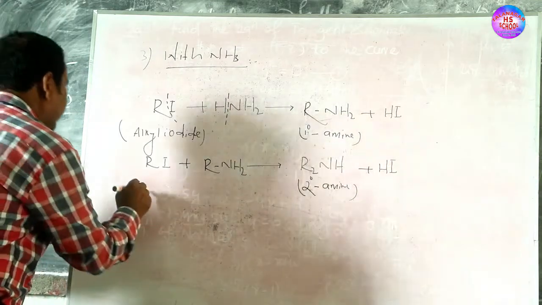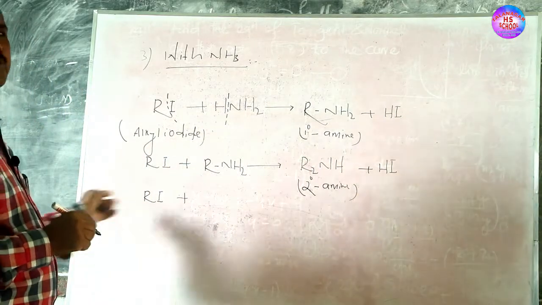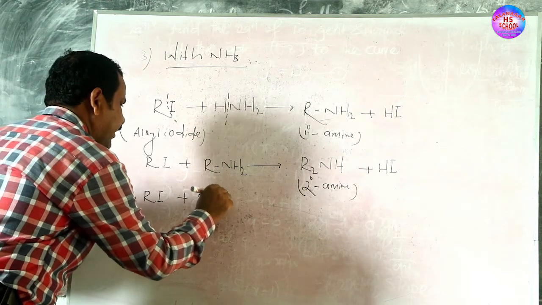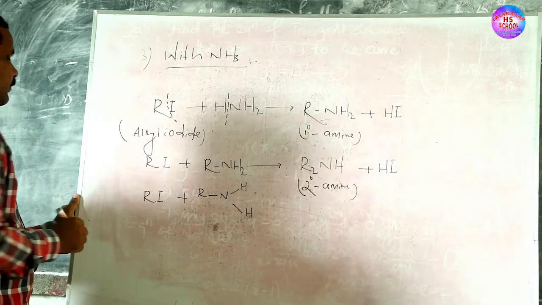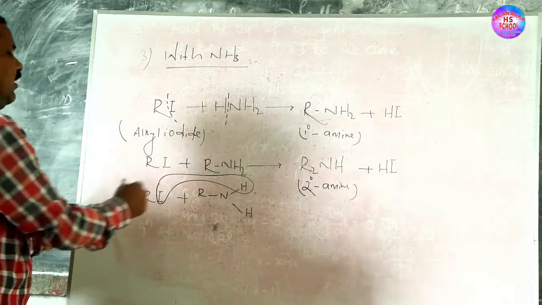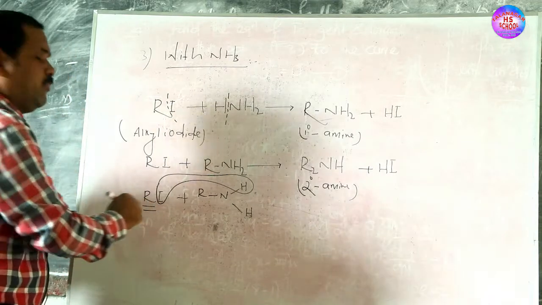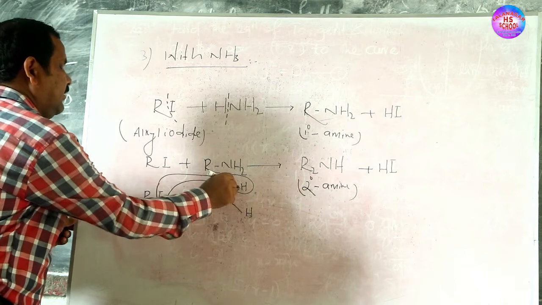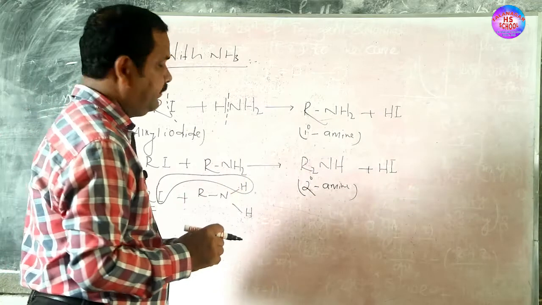So how does it react? RI plus R single bond N single bond H. This iodine takes this H to form HI. This alkyl group R will be bonded to this nitrogen atom. So we get RRNH, that is R2NH, dialkyl amine.